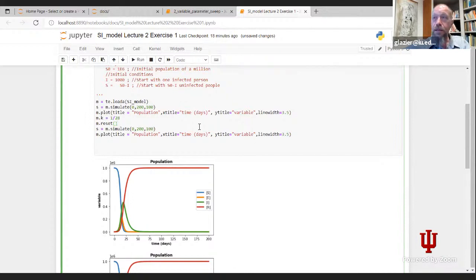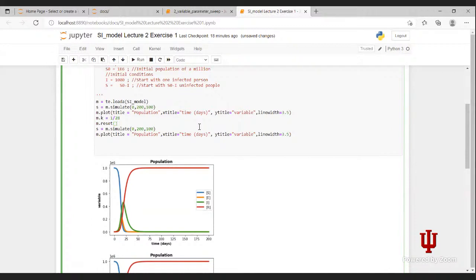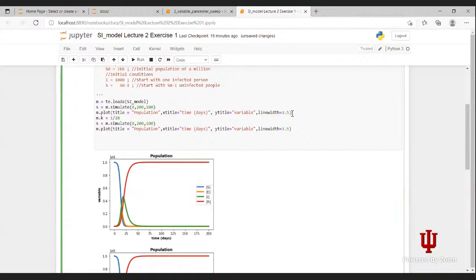Can somebody help out? I think you're resetting after you set k. Great, thank you. Sorry, could you say that again? You're resetting all of your values in m after you set k to the value that you want. Oh yeah, that makes sense.